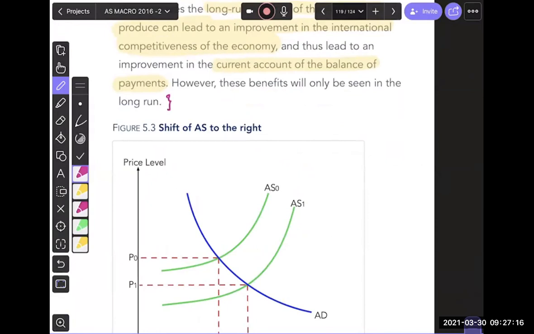So the biggest downside of supply side policies is the fact that it only works in the long run. So from a policy perspective, if you really want short run impact, you might go for demand side policies. But if you really want the economy to do well, you want to use supply side policies, which are long run and which will show their results only in the long run.